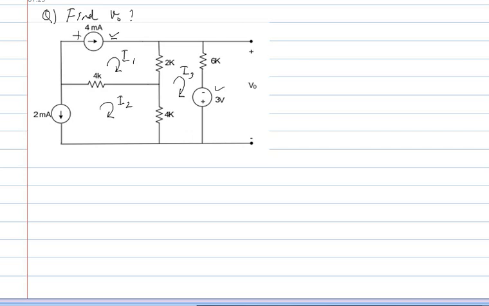But for the current source, sometimes the problem becomes very simple also. For example, this particular problem becomes very simple because here the current source is in one of the meshes only. If you see, the 4 milliamps current source is in mesh 1 only. It is not shared between any other meshes. Similarly, the 2 amps current source is also only with mesh 2.